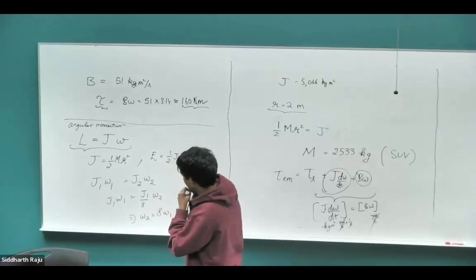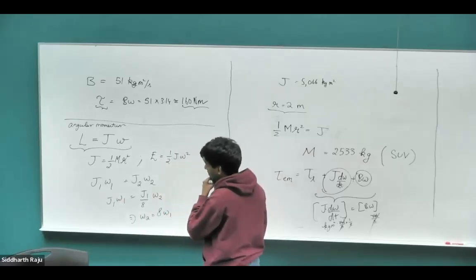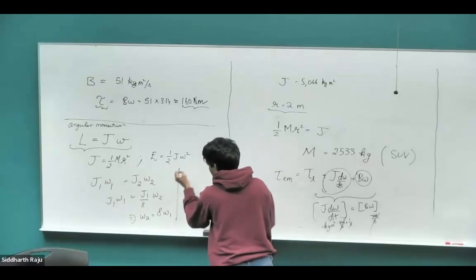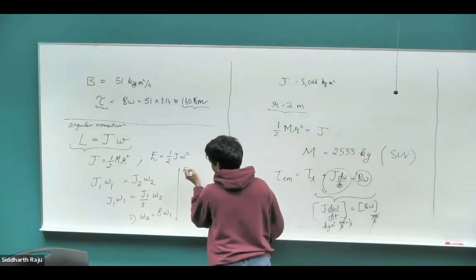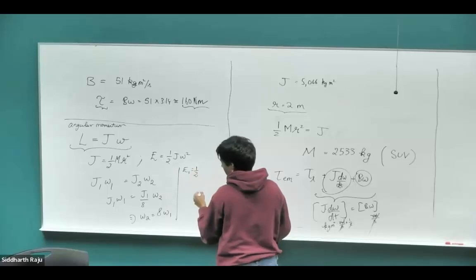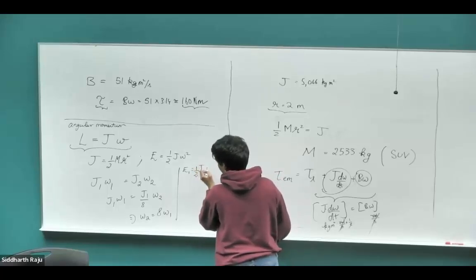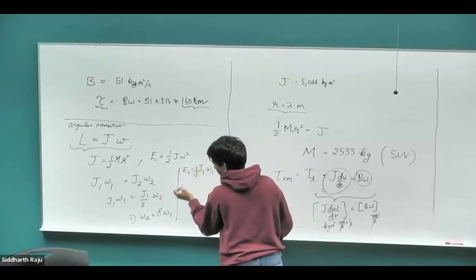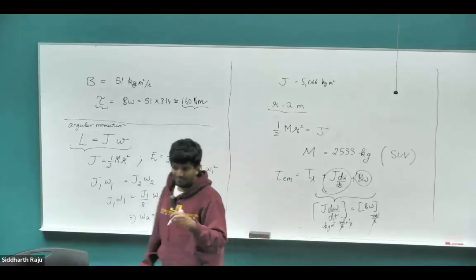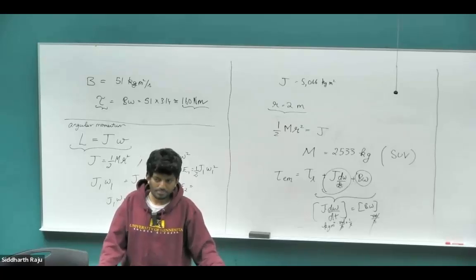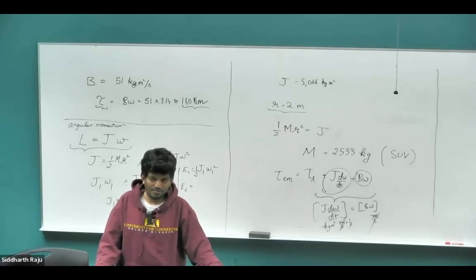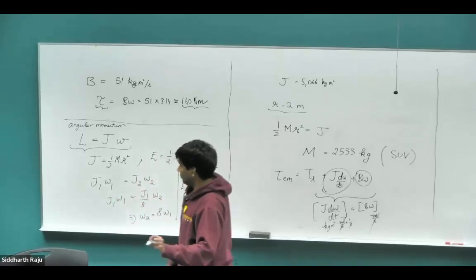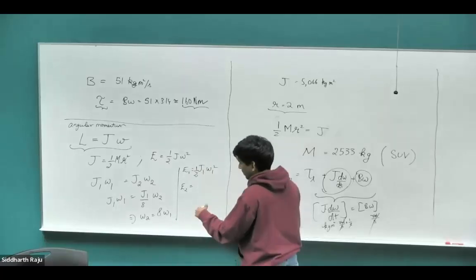Something interesting happens. Let's look at what's happening to the energy in both cases. In the first case, energy was half J1 omega 1 squared. In the second case, do you think the value should be the same? However, when we substitute the values, we can clearly see that it's not one and the same.